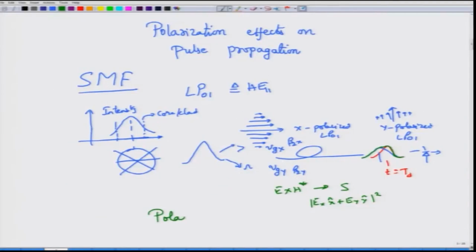But when they do not arrive at the same time because of this birefringence or the residual birefringence in the fiber, the overall pulse when it arrives will be distorted, will be more or less spread out, and in very severe cases they may interfere in such a way that they actually cancel each other, okay. This phenomenon is called polarization mode dispersion.